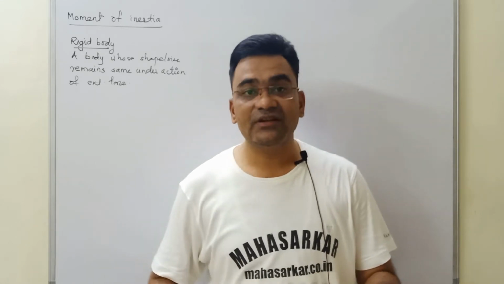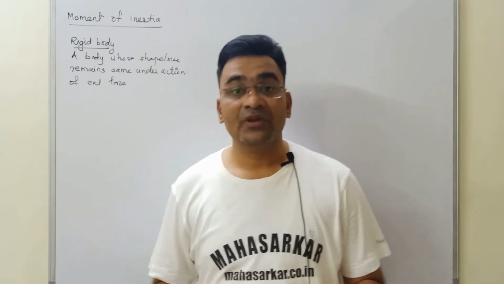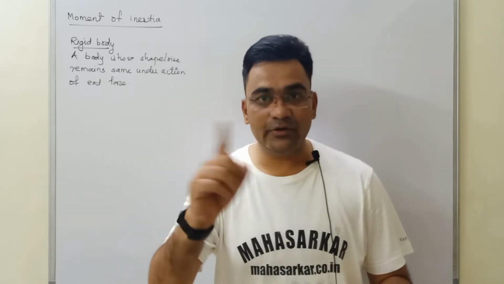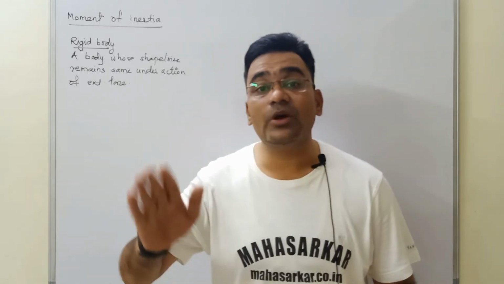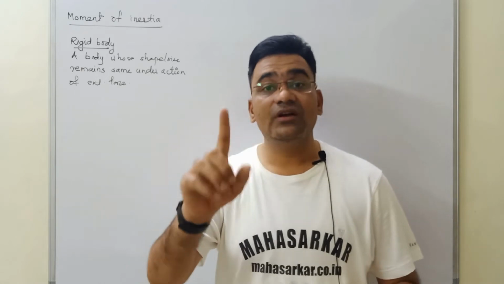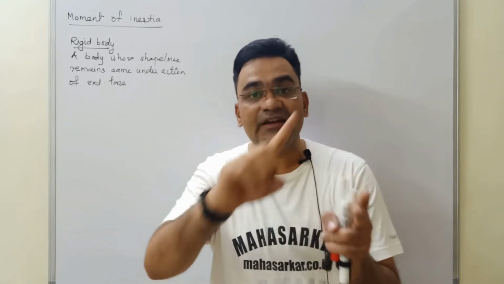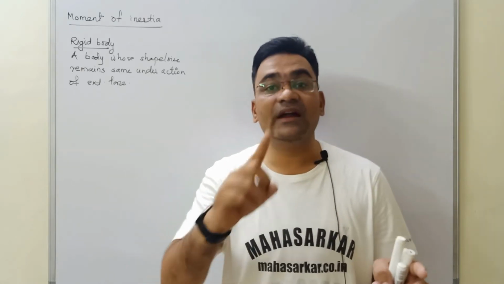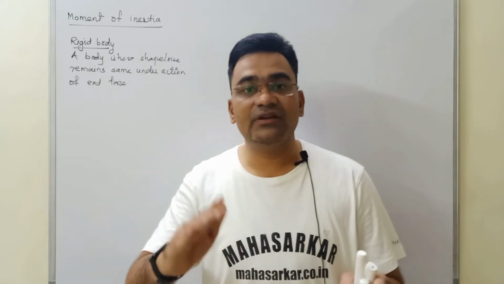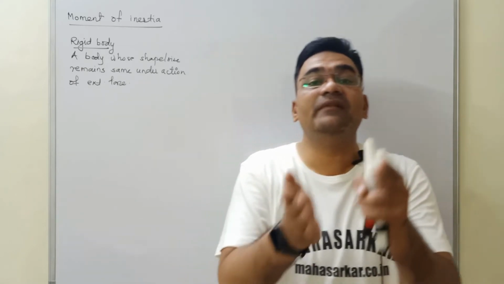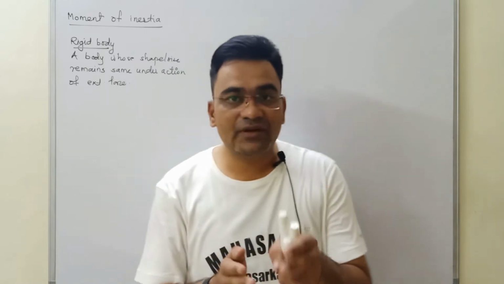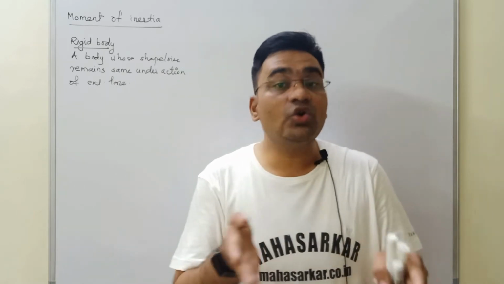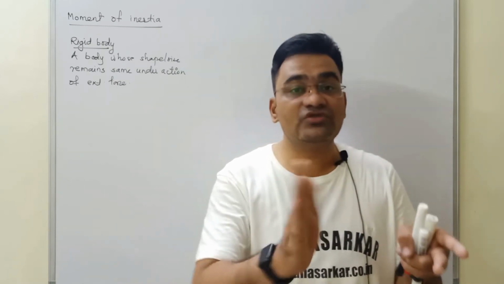This tendency is considered as inertia. If a fan is moving continuously and you switch it off, it doesn't stop immediately, because it was in motion and it doesn't want to come to rest. It is having inertia.